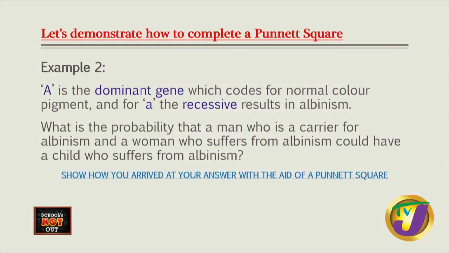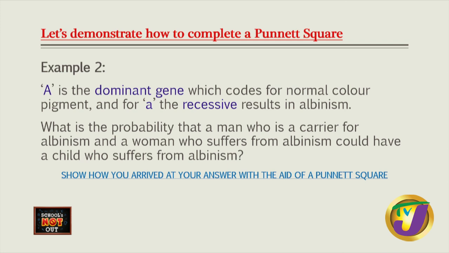Let's look at example 2. These are some of the possible questions that we can have showing up on our exams. Now we have A being the dominant gene, which codes for normal color and colored pigment. Say, for example, we have dark melanin in the skin. If you have the dominant gene A, you get melanin or a darker complexion.